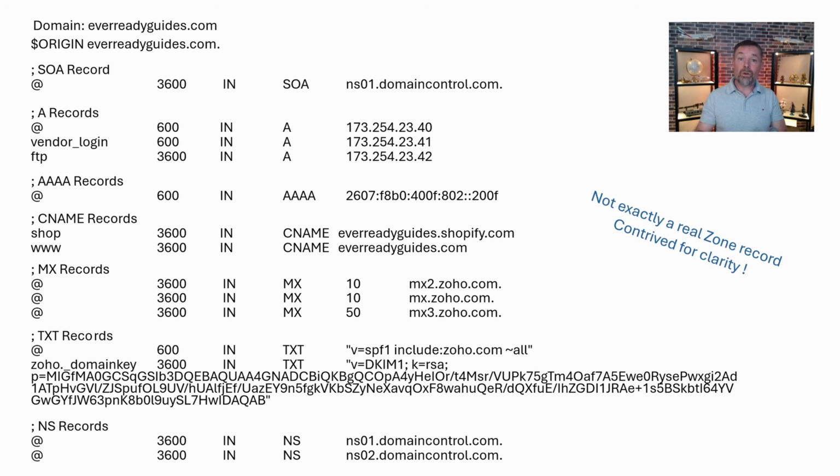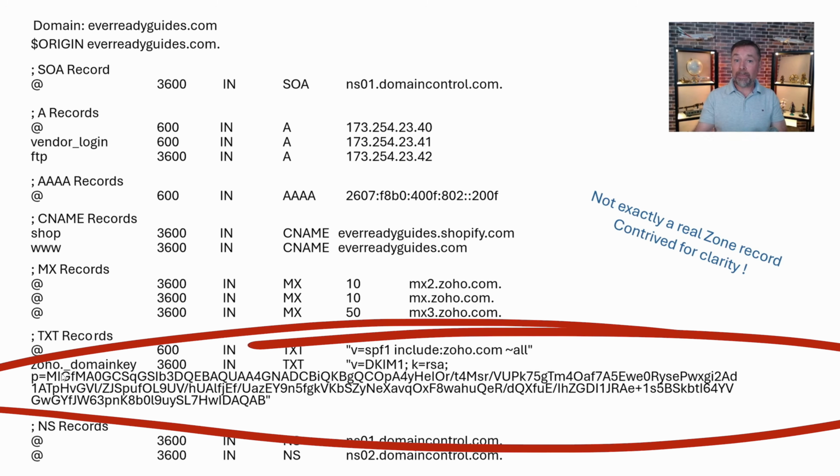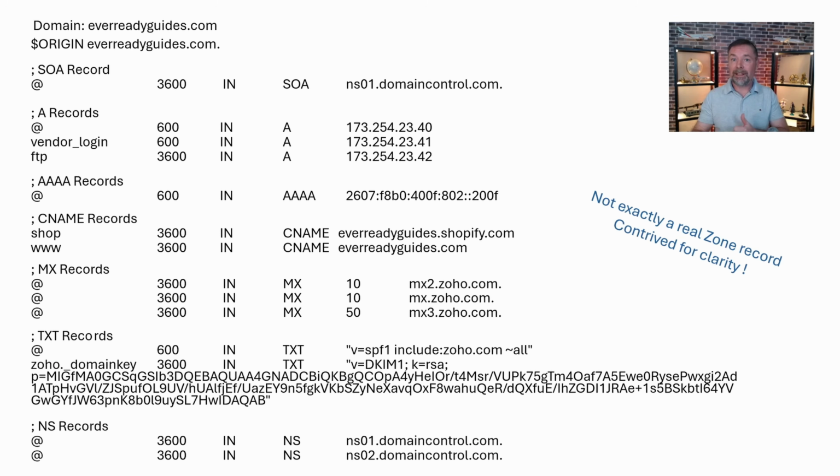It's going to make sure that email came from Zoho.com, and it's going to look for a signature, and that signature should be signed with this public key that is shown here starting with MIGF. That public key should decrypt the digital signature of that email. And if neither of those steps are good, then it's probably spam.